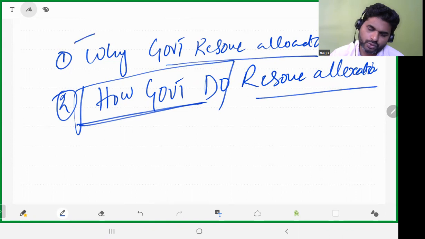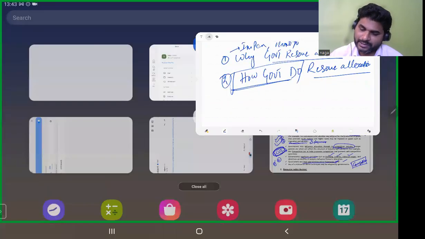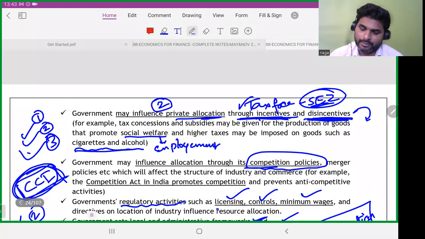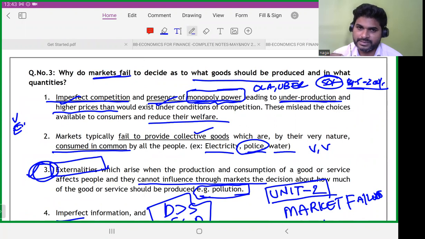We discussed those so-called imperfect competition, monopoly practices. All of those reasons will cause imperfect competition in the market, and people will not get the sufficient goods required, right? Certain collective goods should be provided by the government so that it is for the benefit of the public. All of those reasons contribute to the resource allocation function of the government.